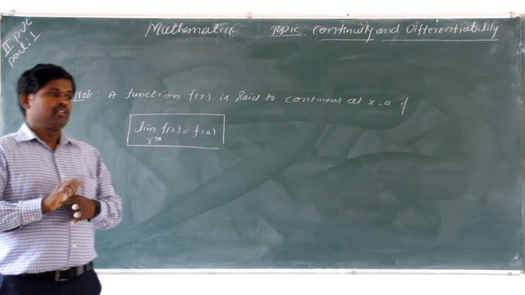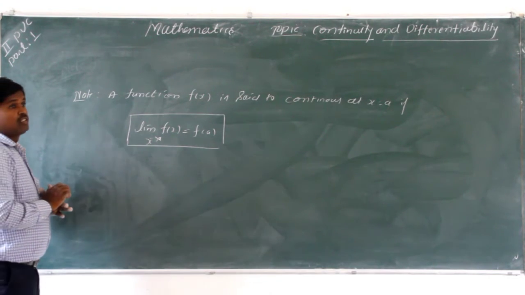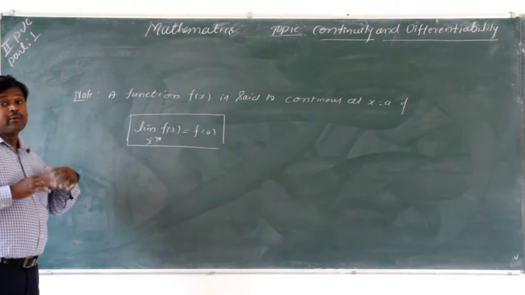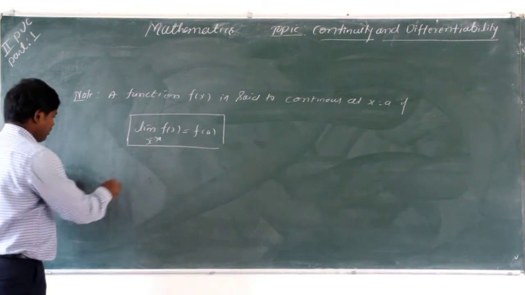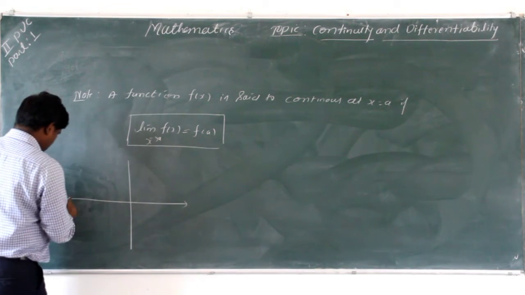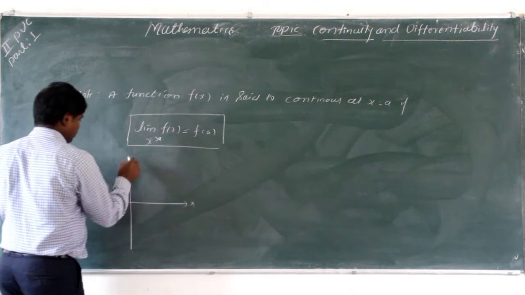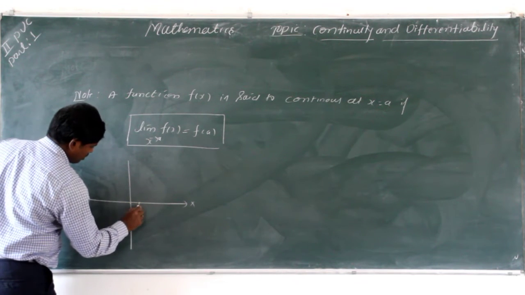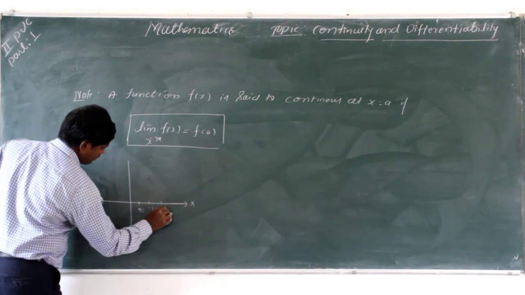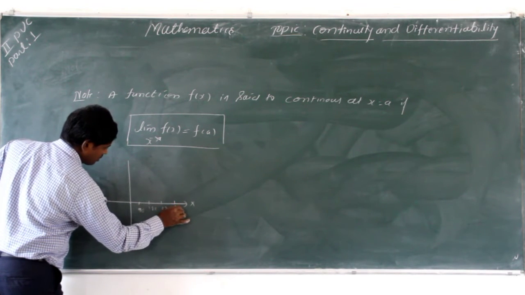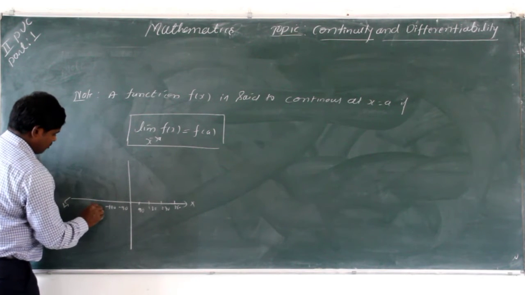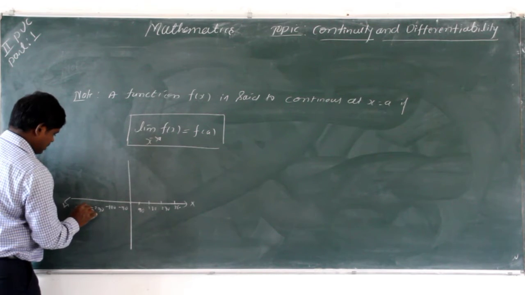Generally, trigonometric functions are continuous, but not all of them. The sin x and cos x are continuous everywhere. See the graph of sin x over the real numbers: 0, 90, 180, 270, 360, and minus 90, minus 180, minus 270, minus 360.